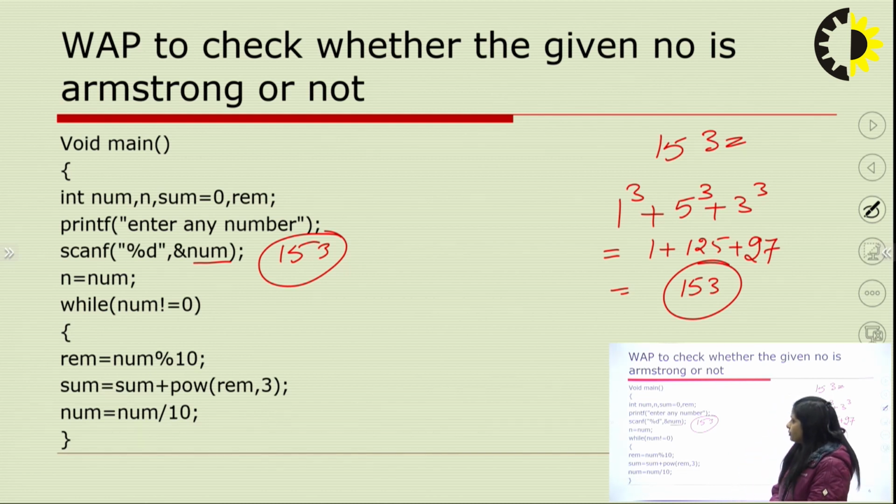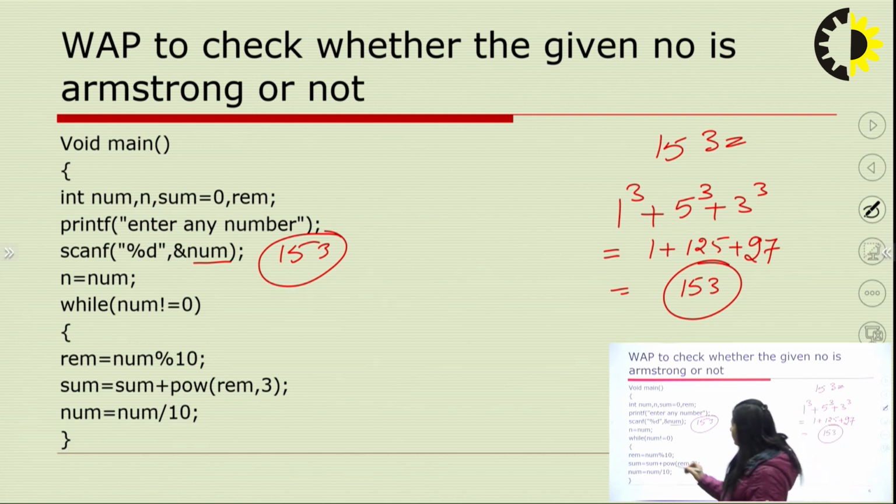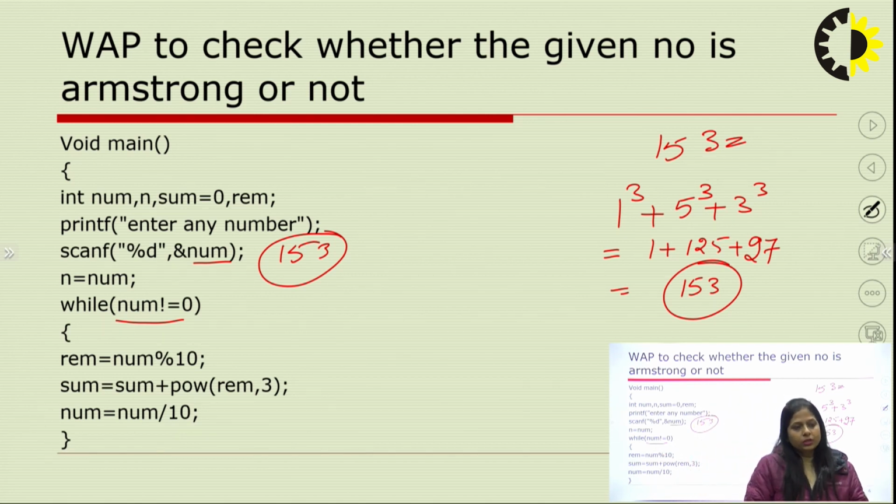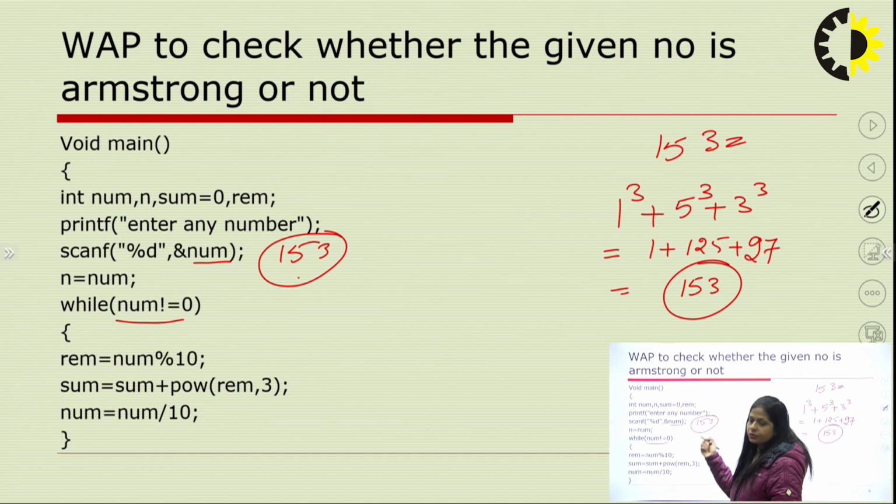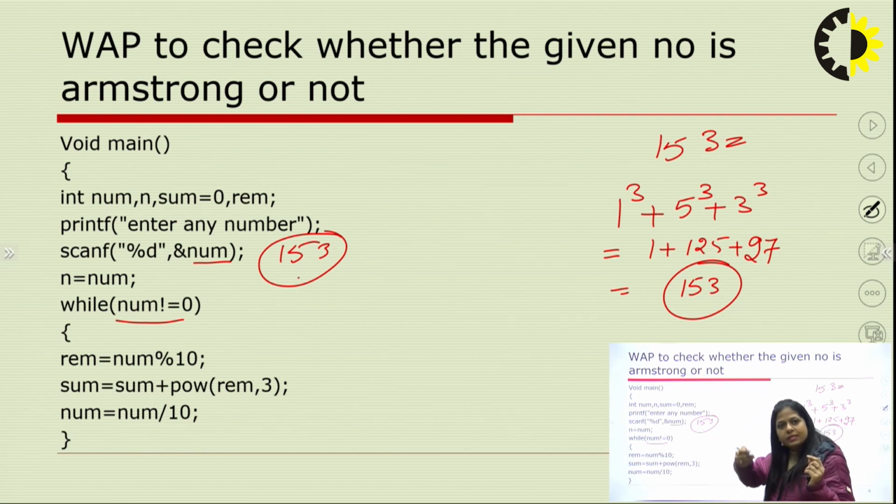That means, first of all, I must have the last digit, that is 3, then 5, then 1. How will I do it? I have applied a loop, right? And the condition we have applied is num not equal to 0. Now, what is num? Num is the number for which we have taken an entry from the user, right? Num not equal to 0. Why is it so? Because every time we are extracting one digit from this number.